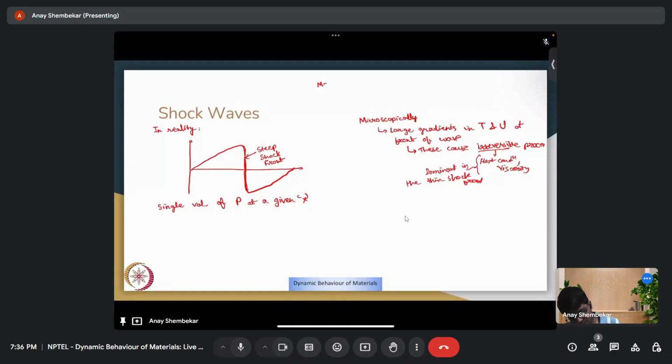Macroscopically, you have conservation of mass, energy, and momentum.